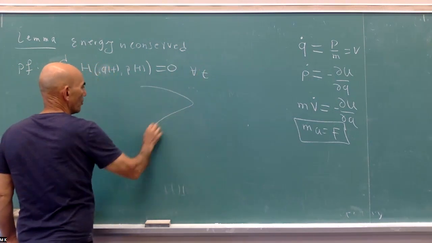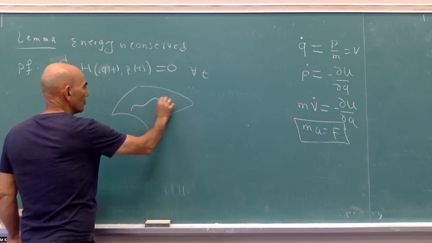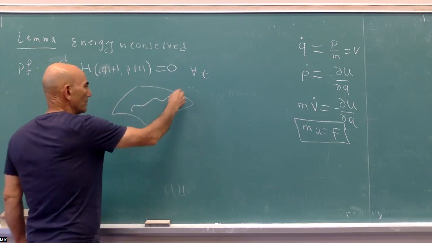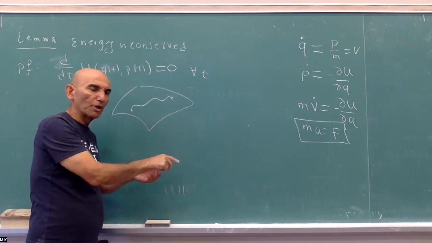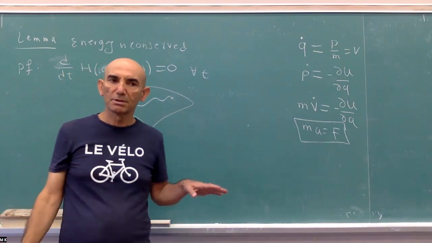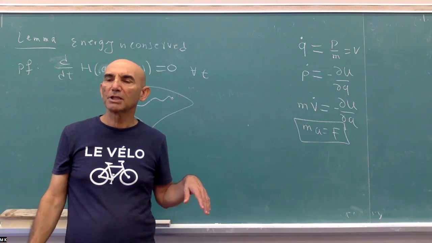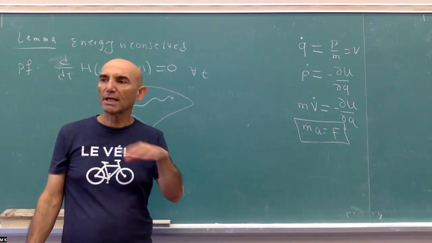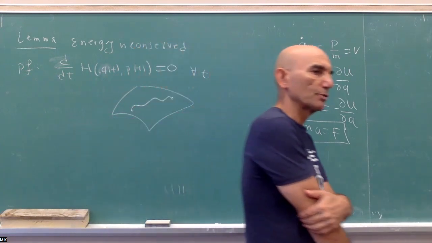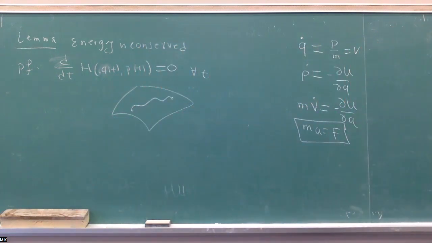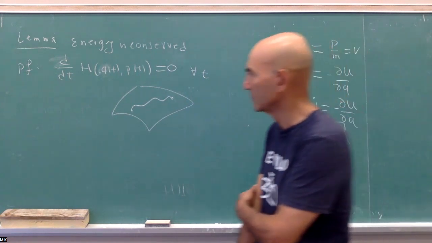So basically, you're over your manifold and you're going along some Hamiltonian path. You evaluate energy at each point, you notice that energy is not changing. It's constant. So energy is moving on constant energy surfaces only. That's something we saw also in Newtonian mechanics for conservative systems.